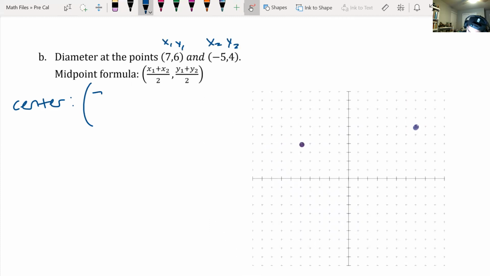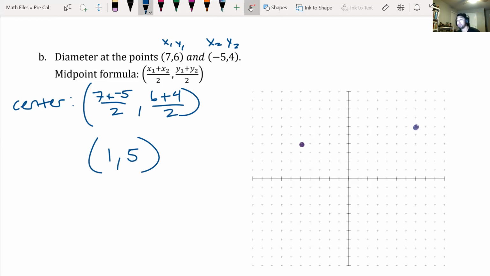So I'll have 7 plus negative 5 over 2, and then y1, 6 plus 4 over 2. This means my center is going to be at (1, 5).